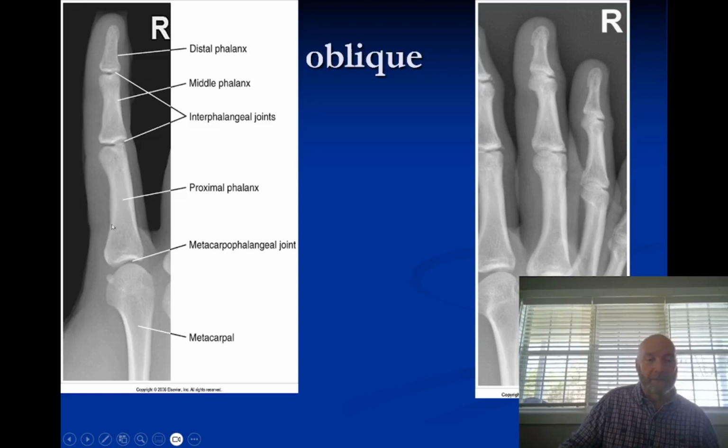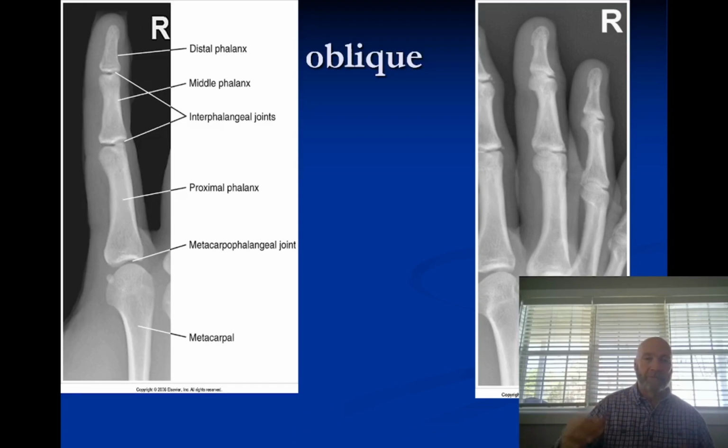So now it's pretty marked, the concavity on the anterior side, but also take notice of the soft tissue. One of your evaluators in determining whether or not you got a good 45-degree oblique is how much soft tissue you're going to have on the anterior side versus posterior side. So what you should have is about double. Considering your own anatomy, you can mash on the anterior side of your finger versus the posterior side of the finger, and you'll feel the anterior side has much more soft tissue.